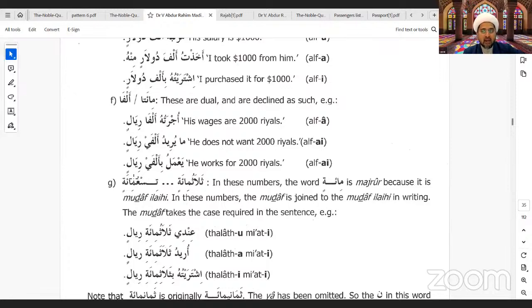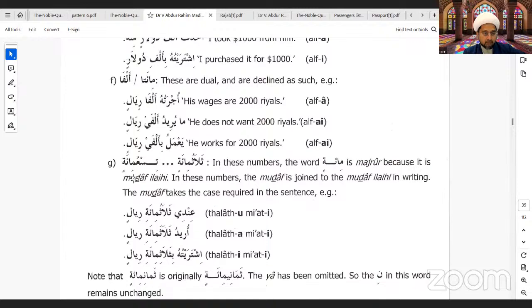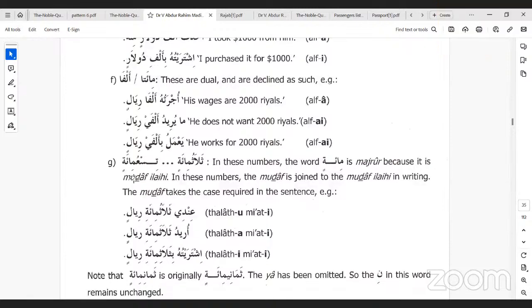He wrote a book consisting of 2000 fadail of Imam Ali, alayhi salam. So it's called Alfain. But here it is alfa riyalin, not Alfain.